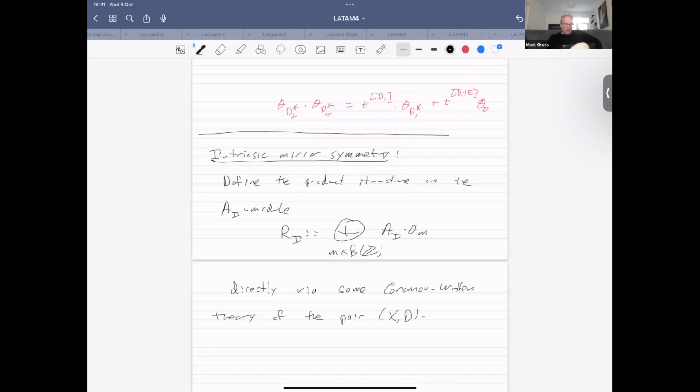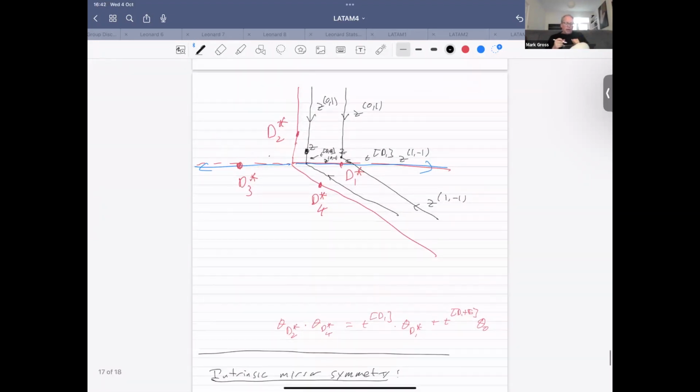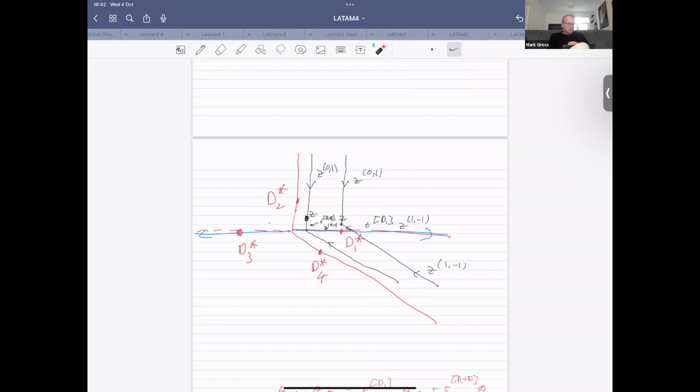XD. Okay, so now I'm going to say, let's throw out a lot of what I already told you about scattering diagrams and broken lines and so on. I just want to look at these pictures and try to reinterpret these kinds of diagrams as having something to do with Gross-Siebert.